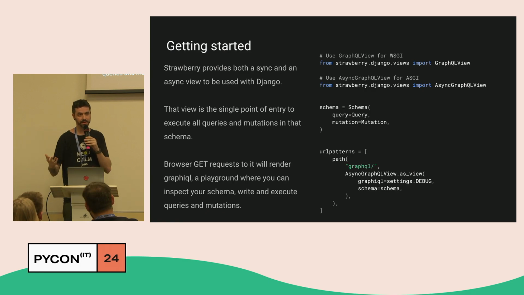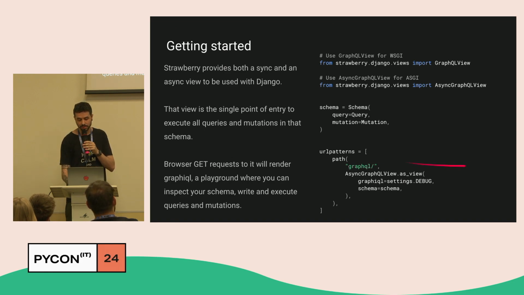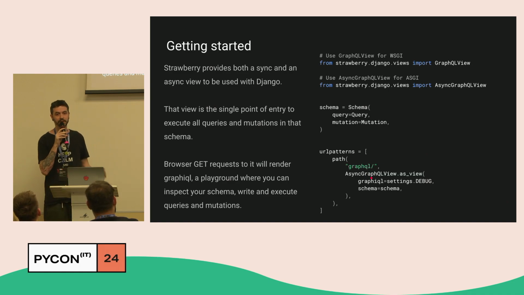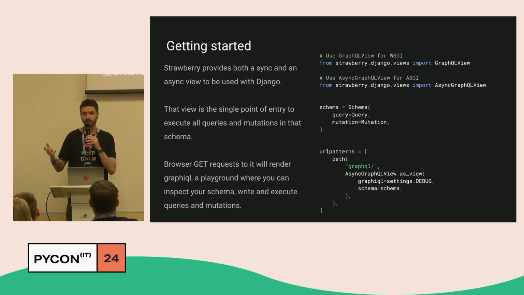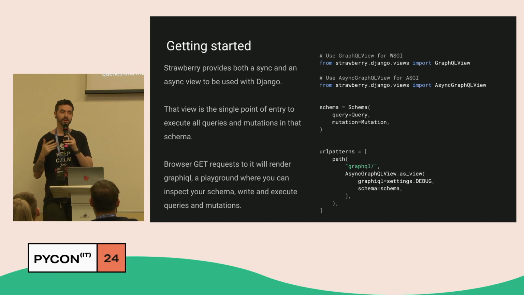You have a URLs file where you define routes, and you point a route to a view that is supposed to handle those GraphQL calls. It is a single point. When you have a GraphQL API, you don't have a lot of endpoints, you just have one, and that one is supposed to resolve what you passed in the body, just like I showed in some examples before.